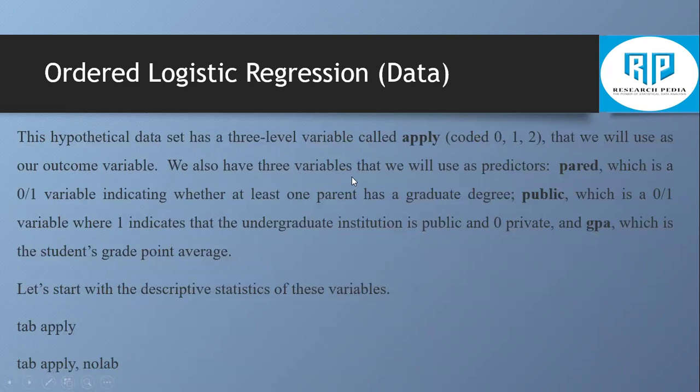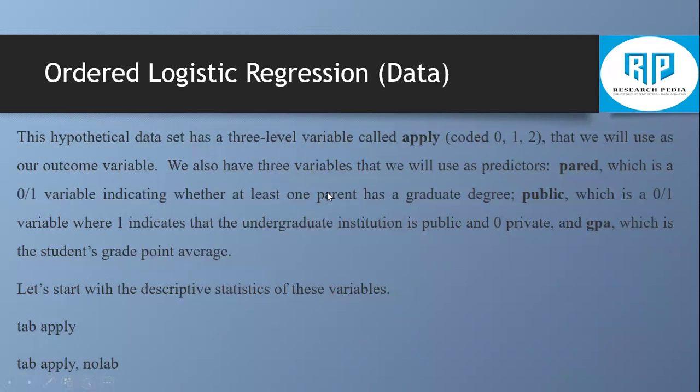We will have three variables that we will use as predictors, like PARED, which is indicated by 0 and 1, a variable indicating whether at least one parent has a graduate degree or not. If at least one parent has a graduate degree, it is indicated by 1. But if none of the parents has a graduate degree, then we will indicate it by 0.